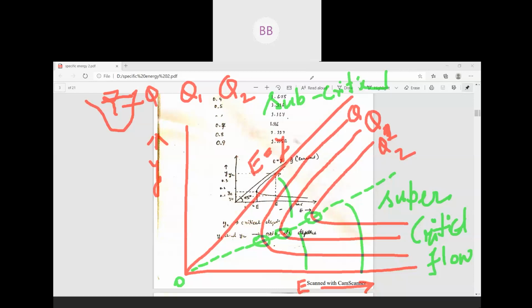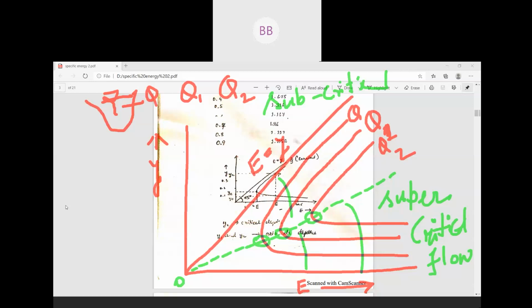The upper portion is called subcritical flow, and the lower portion is supercritical flow. In the supercritical flow area, the depth of flow is always less than your critical depth.